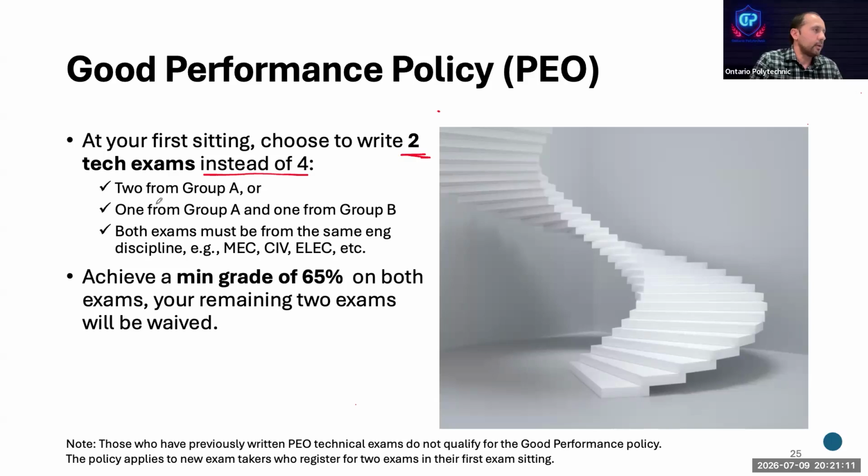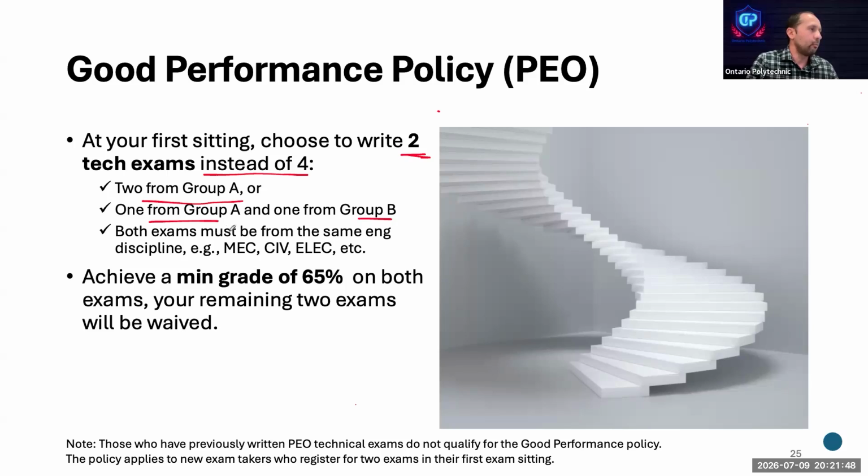First, from the 3 categories you have to take 2 of them, and you should take them in one sitting. For example, now the registration is open for fall and winter, so you have to register for 2 of them at the same time. The exams will be on different dates, but both should happen in fall and winter. And you have to take 2 from group A, or 1 from group A and 1 from group B.